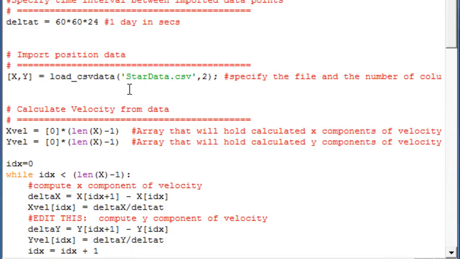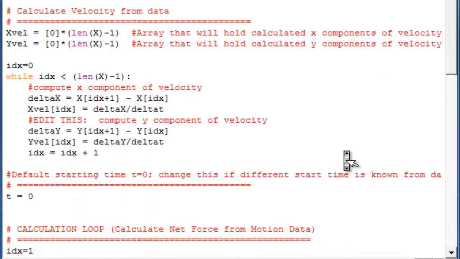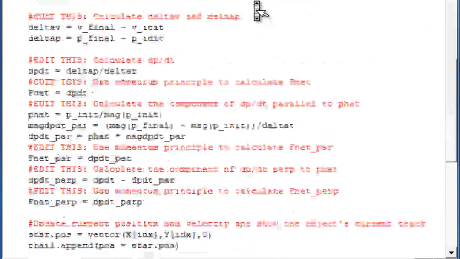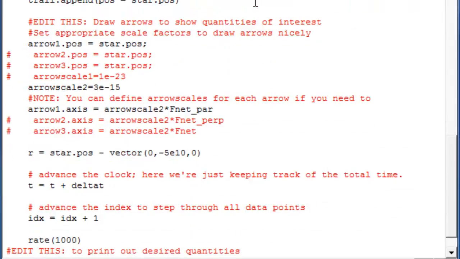There's a CSV file right here. This has all of the positions over the 25 years for every day of the star. That's going to load into this array right here, and then we'll use it to calculate all our different values.